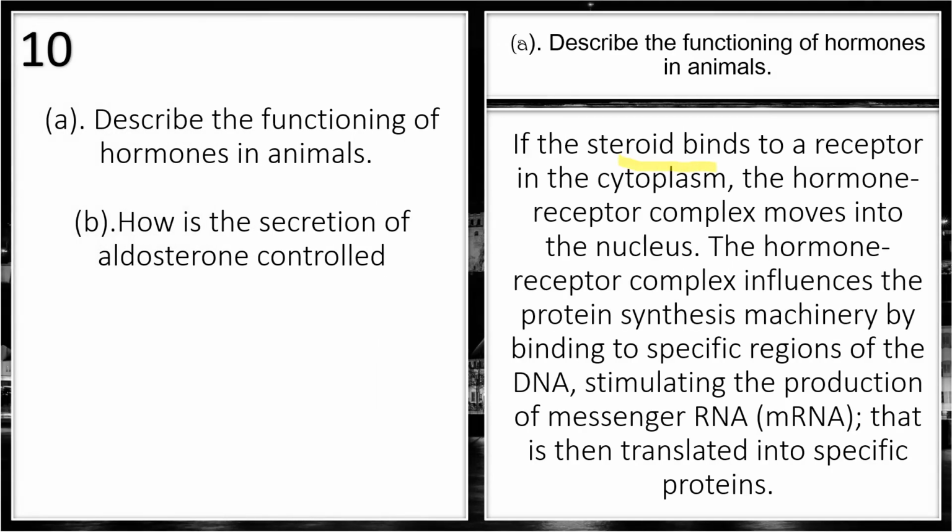If a steroid binds to a receptor in the cytoplasm, the hormone receptor complex moves into the nucleus. The hormone receptor complex influences the protein synthesis machinery by binding to a specific region of the DNA, thereby stimulating the production of messenger RNA, that is then translated into specific protein.